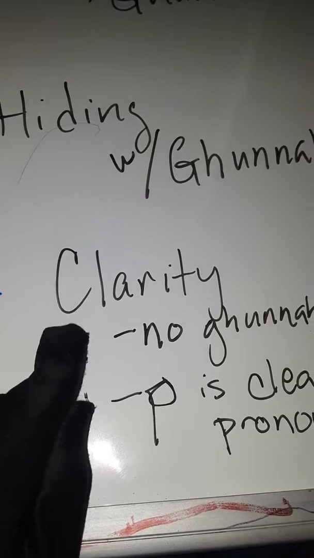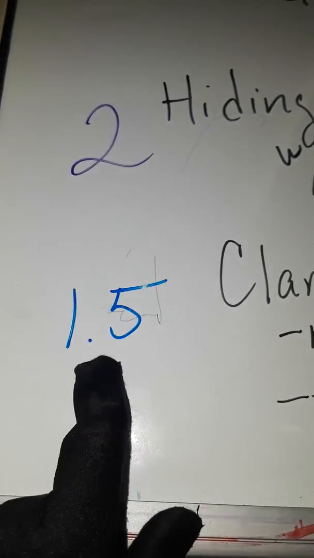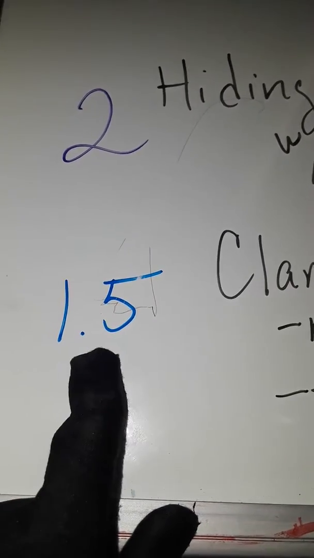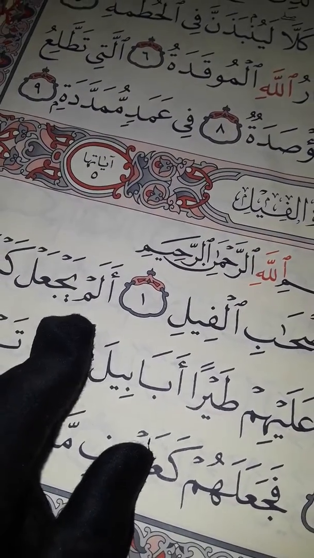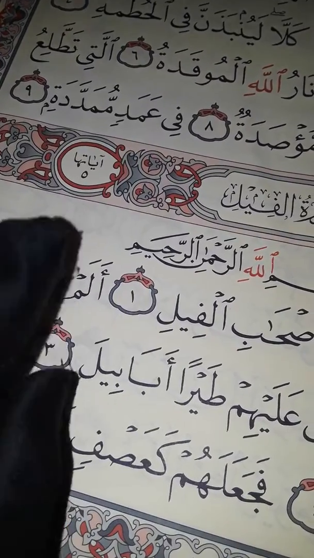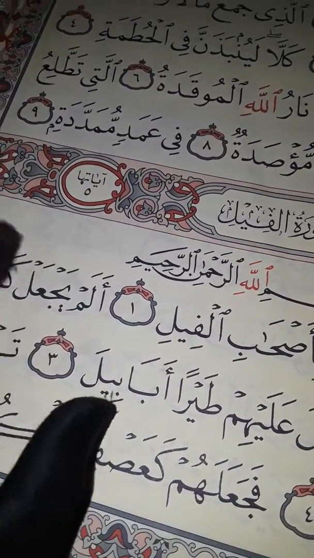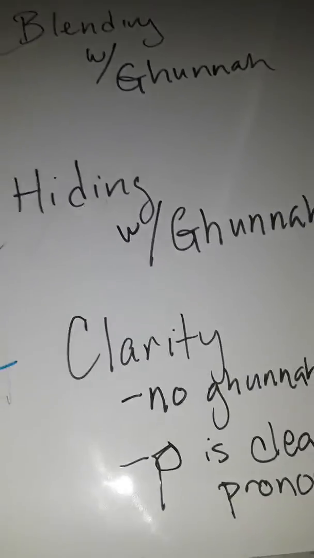You say it very clearly, and the meme is clearly pronounced for 1.5 seconds, just like any letter with a visible sukoon on it. So that's the normal one, there's no special rule, you just read it normally. Alam, it's almost two harakat, but not two harakat. So that's all for the ghunna rule.